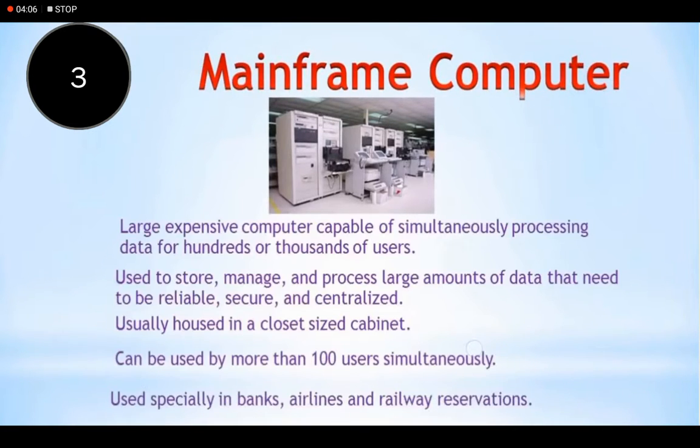As you can see in the image, a mainframe computer is a larger, expensive computer capable of simultaneously processing data for hundreds or thousands of users. It is used to store, manage and process large amounts of data that need to be reliable, secure and centralized. Usually housed in a closet-size cabinet, it can be used by more than 100 users simultaneously, used especially in banks, airlines and railway reservation.